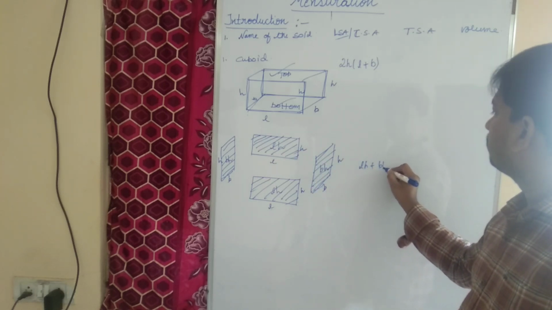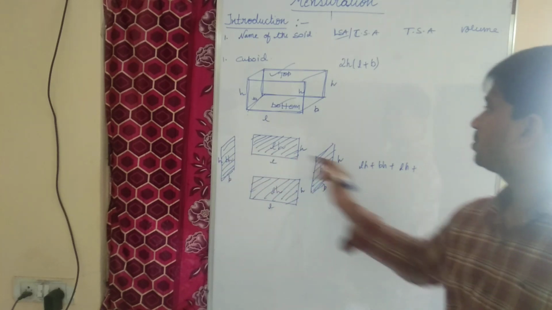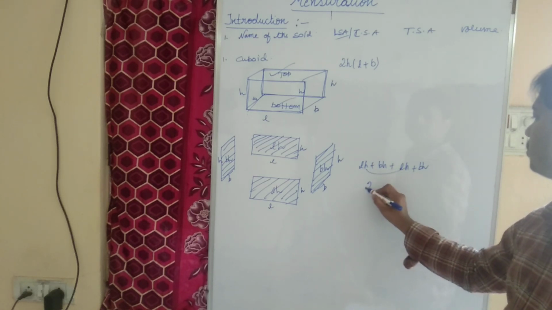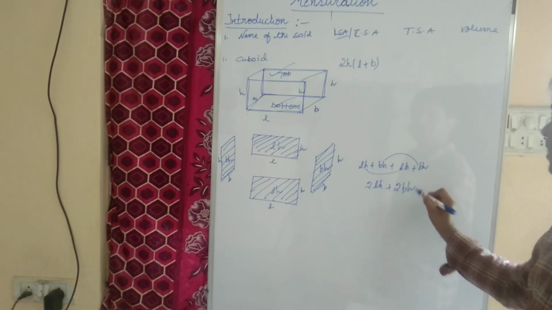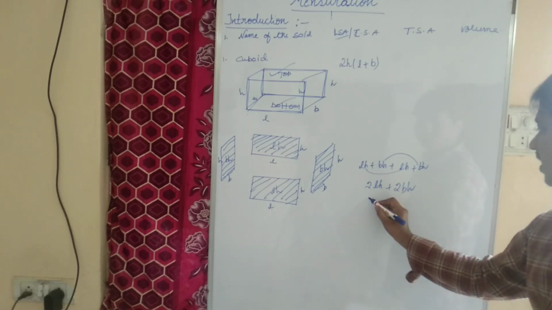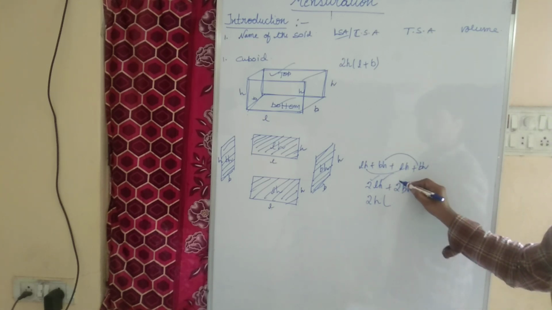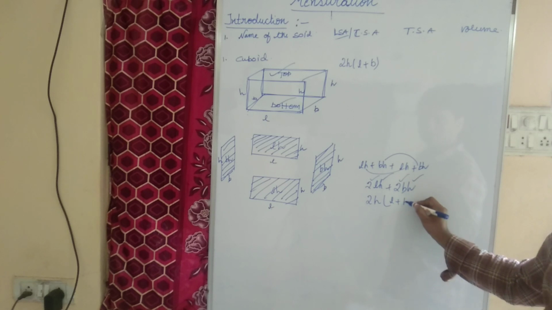LH plus BH plus LH plus BH. Totally we have four faces and four areas. So LH plus LH is 2LH, BH plus BH is 2BH. If I take 2H as common, here 2 is there, here H is there, here 2 is there, here H is there. If I take 2H as common, I will get L plus B.